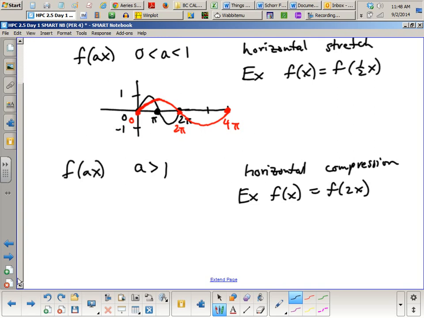So the graph is going to go from 0 and pi and 2 pi. We're going to divide everything by 2. So if I divide 0 by 2, I get just 0. So that point doesn't move. What happens if you divide pi by 2? You get half pi, right?